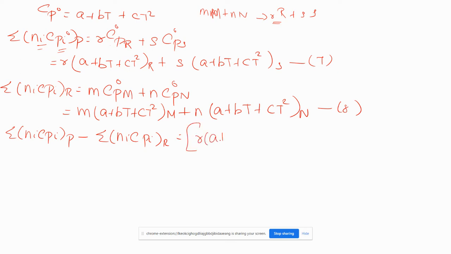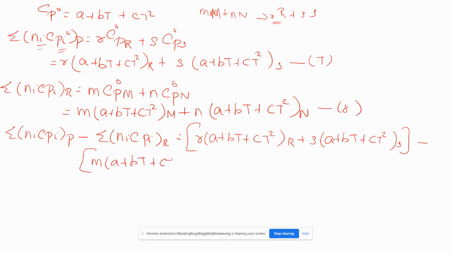So R into A plus Bt plus Ct square of R, plus S into A plus Bt plus Ct square of S, minus M into A plus Bt plus Ct square of M, plus N into A plus Bt plus Ct square of N. This you will get like this.